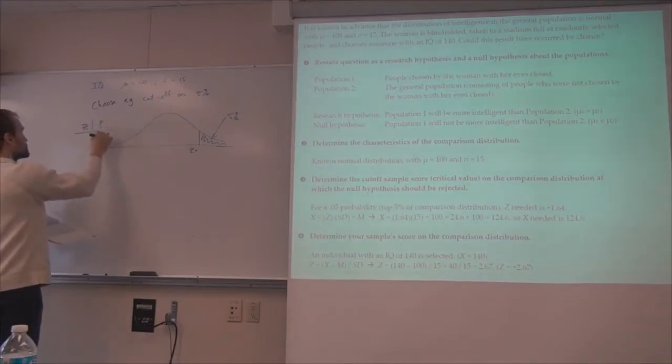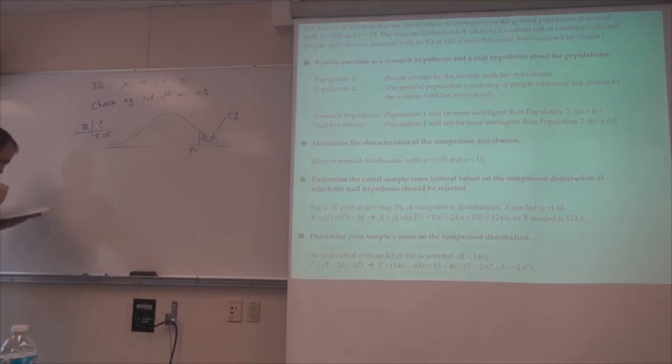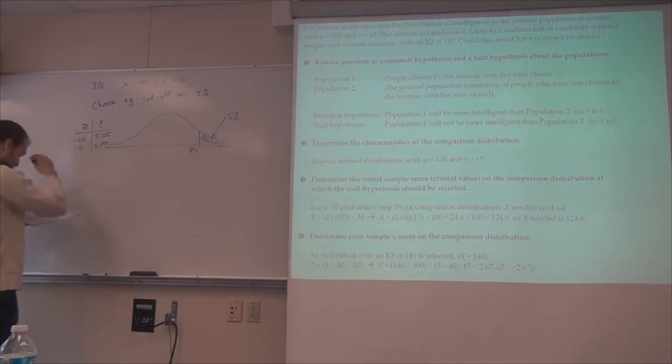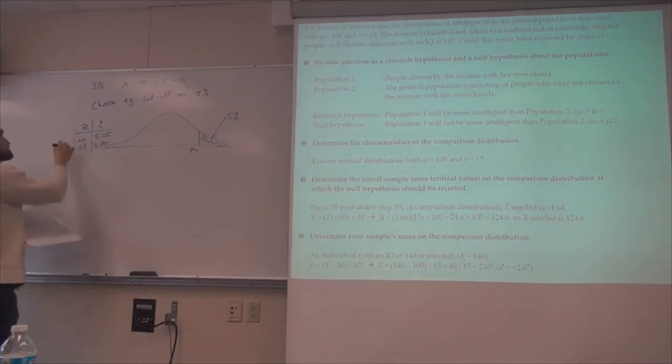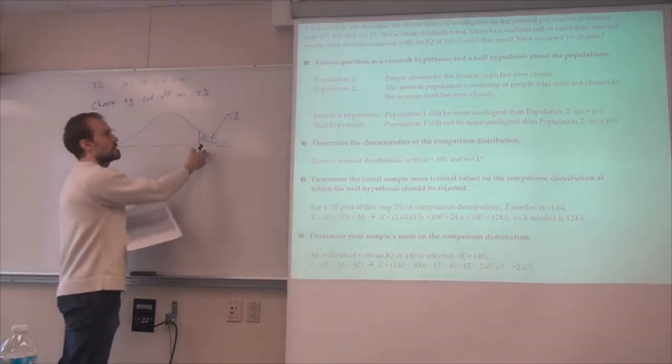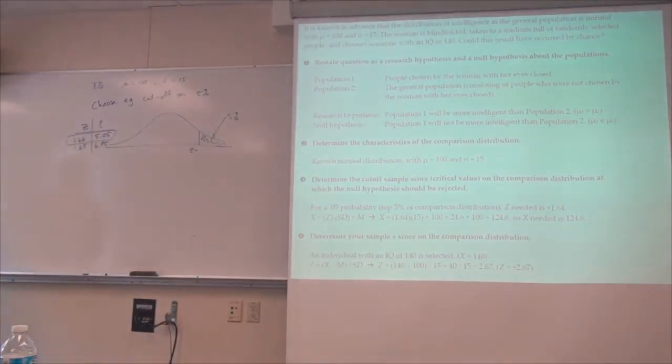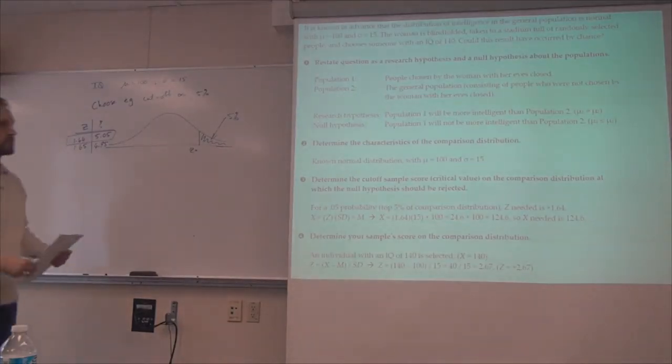I get 5.05 at 1.64, and I get 4.95 at 1.65. So in this case, I'll pick this one, because if I pick the other one, then my cutoff isn't really 5%, it's actually a little less. So I'll give her the benefit of the doubt, and I'll say, okay, I'll pick 1.64 for you.